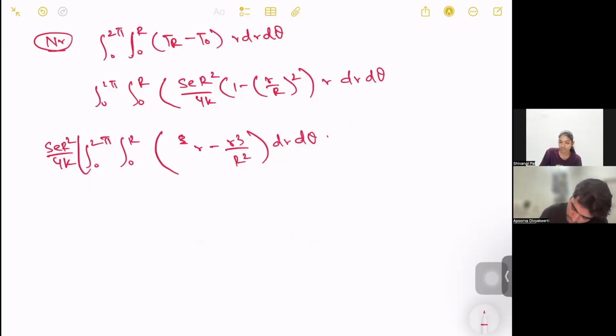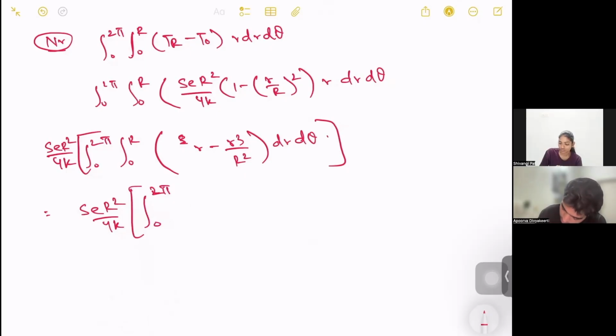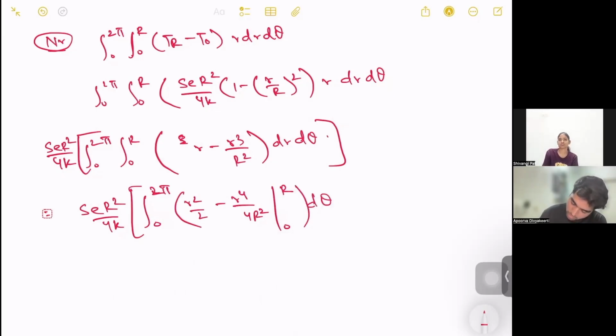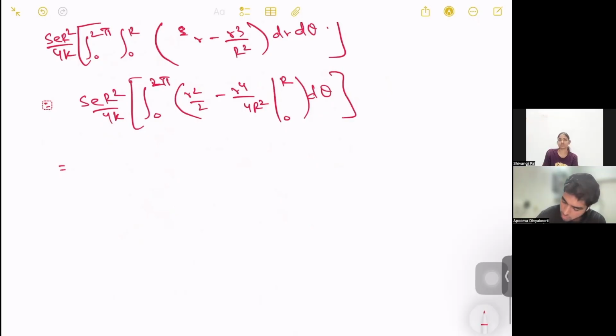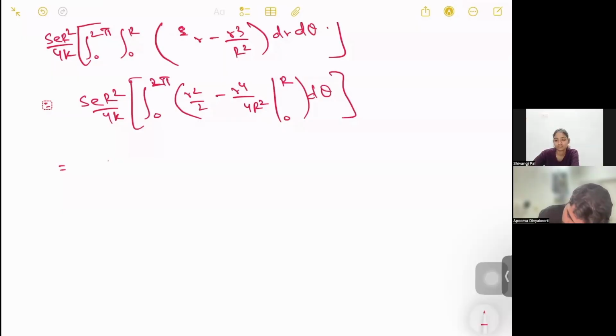Now doing the integration, it will be S_E R square by 4k, integral 0 to 2 pi of r square by 2 minus r to the power 4 by 4 R square, with limits from 0 to R, into d theta.